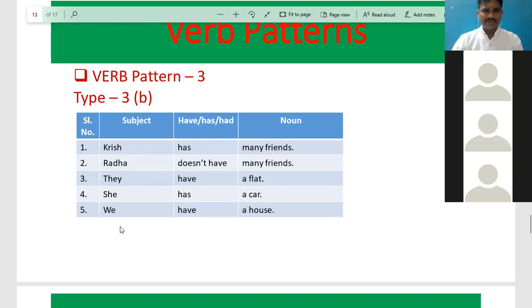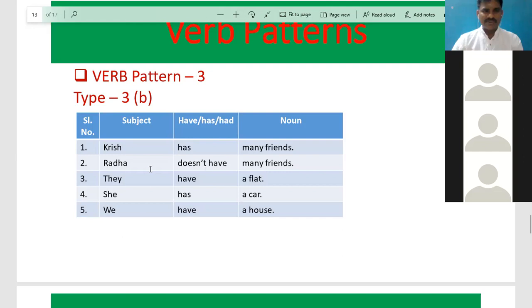We don't have many friends. He doesn't have many friends. He, she, it take doesn't in the negative, and has in the positive.